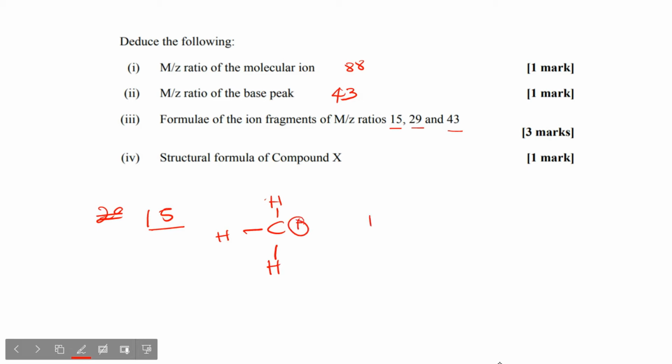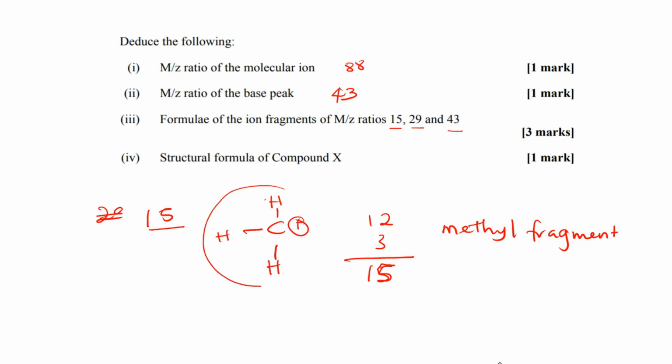So 1 carbon, RMM 12, and 3 hydrogens give you a mass charge of 15, right? So that's usually a methyl fragment. So when the electrons hit your molecules, it breaks apart and you have methyl fragments being present in your spectrum. So what about 29? So 29 is usually an ethyl fragment.